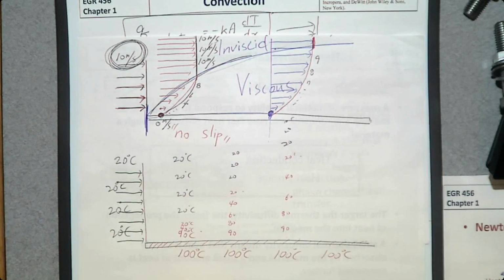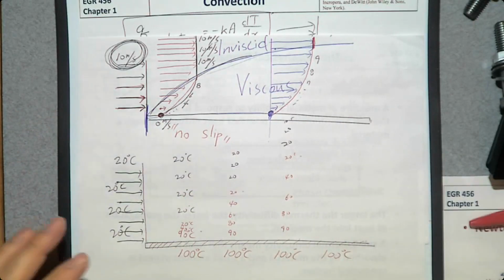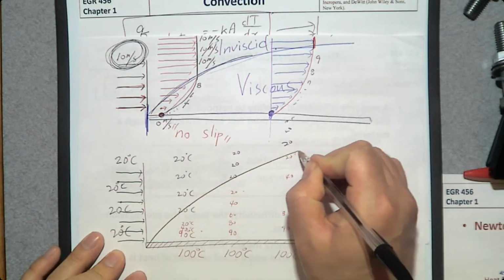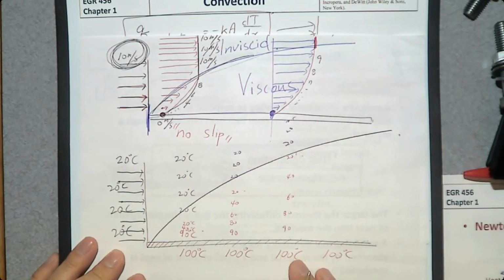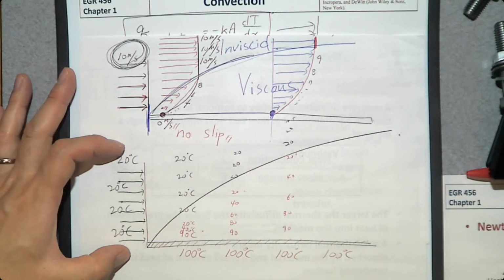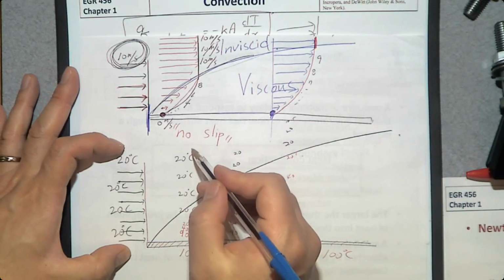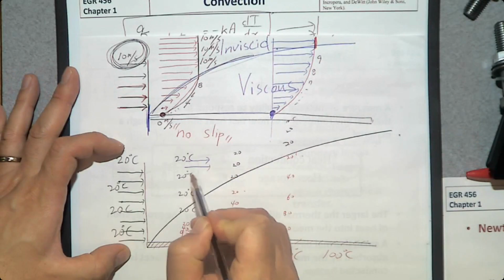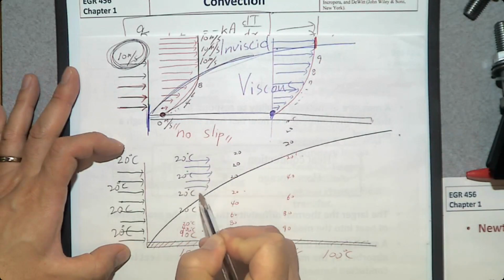So the layer whose temperatures are different from the initial, outside temperature, that layer is called the boundary layer. If we talk about the temperature profile, outside of this boundary layer, we have a uniform temperature, 20, 20, 20, 20.